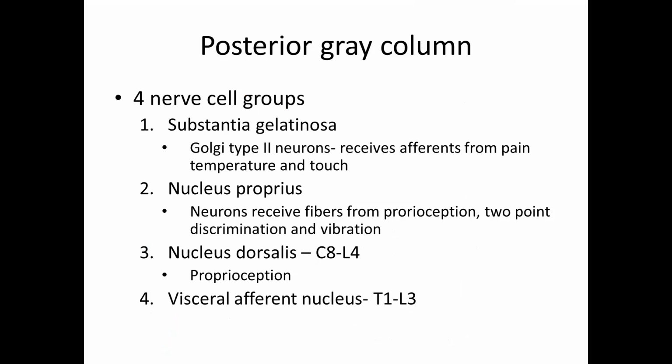Pain, temperature, and touch travel together, okay? And then the other nerve cell group is the nucleus proprius, which is neurons which receive inputs from proprioception. That is why it's called nucleus proprius. And this 2-point discrimination and vibration.